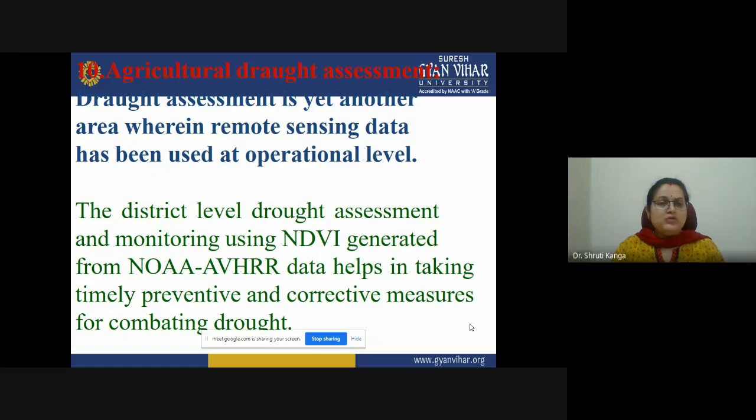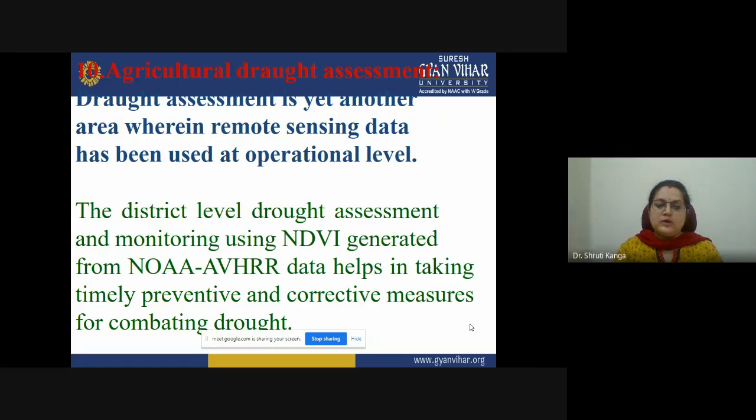This may be because of some hydrological parameters, or meteorological parameters, or some other existing parameters. So we need to observe those parameters for that particular area, and then we can go for different preventive and corrective measures for combating different droughts, like meteorological droughts.